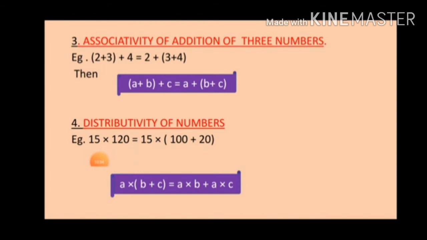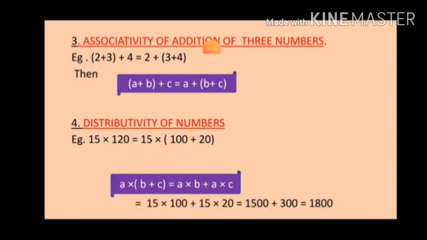You can see here the first number is of 2 digits and the next number is of 3 digits. So what we have done is expanded the next number in terms of 100. I have written 15 multiplied by 100 plus 20. You can see inside the bracket I have two addends and outside the bracket I have one whole number present.